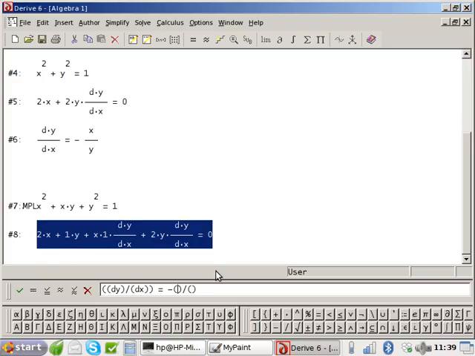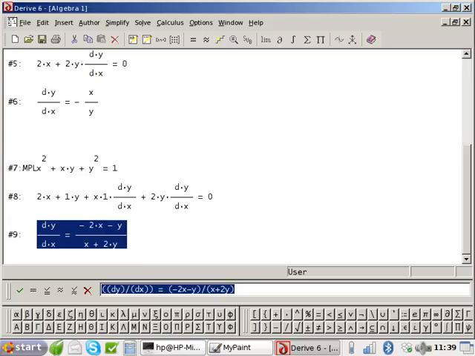You get minus 2x minus y. And then we have to divide by the x plus 2y. So when you rearrange it, you should end up with this. I just took this piece and this piece to the right, and then divide by these two pieces. So this is dy dx.